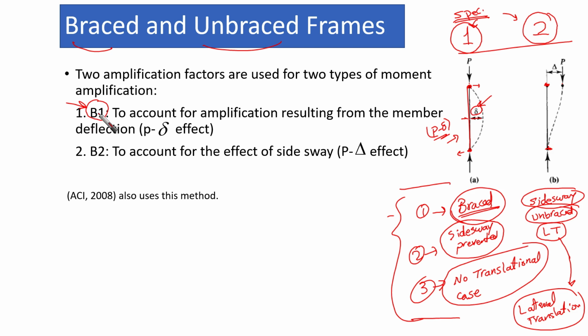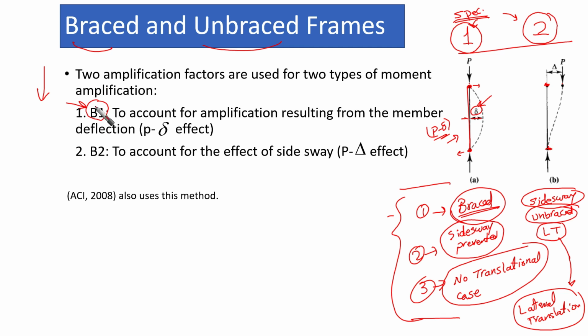Okay, remember that we have mentioned the different ways for taking into consideration the second order effect, and we said there are different methods. The specification already addressed them in the appendices, and there is one method related to the amplification of the moments. So now we are dealing with the amplification of moments in detail, because this is the simplest and maybe most commonly used procedure.